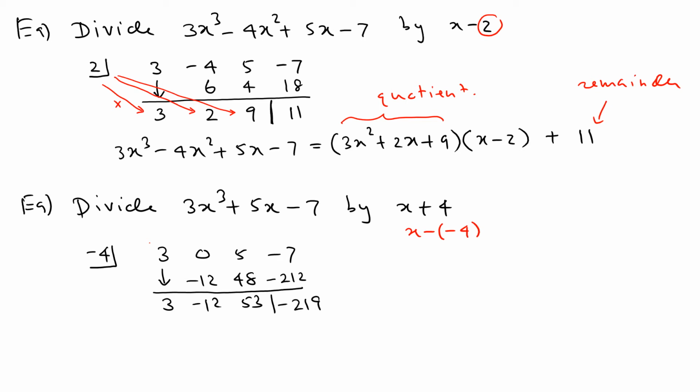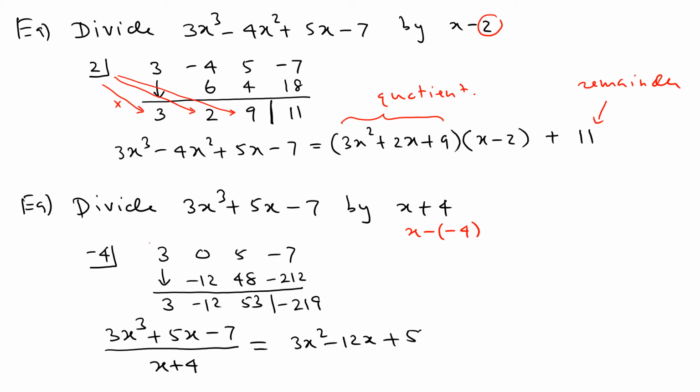Good. So that means when you divide 3x cubed plus 5x minus 7 by x plus 4, you get the quotient 3x squared minus 12x plus 53, plus the remainder negative 219.